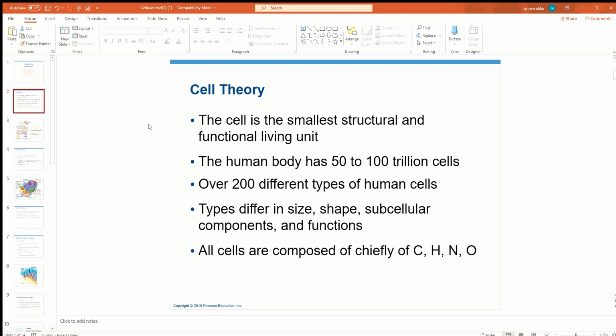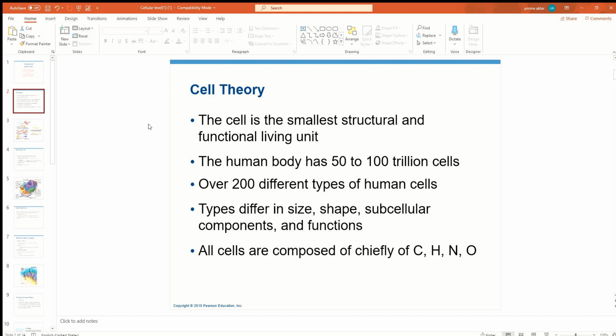And over 200 different types of cells are present in the human body, and they are different in terms of size, shape, structure, and functions.